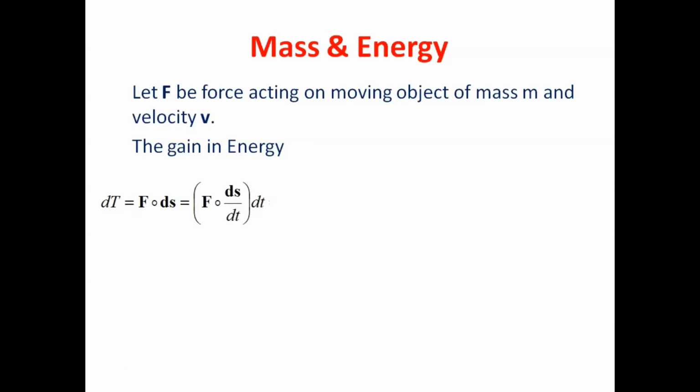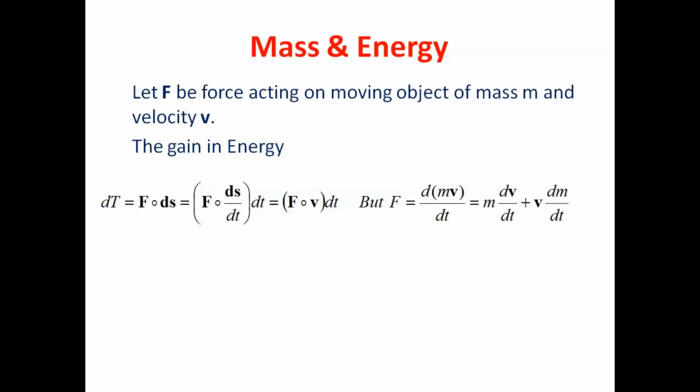Now we shall divide ds by dt and multiply by dt so that the equation is conserved, and we shall replace the rate of change of displacement, ds by dt, by velocity. So F dot v dt is the gain in the kinetic energy. According to Newton's second law, the rate of change of momentum is force.